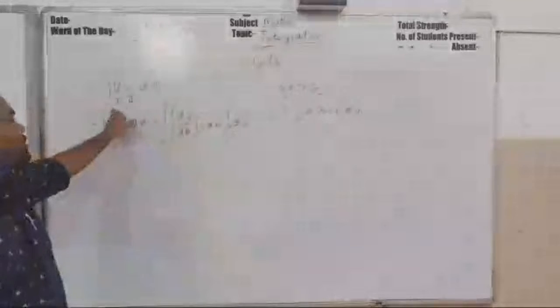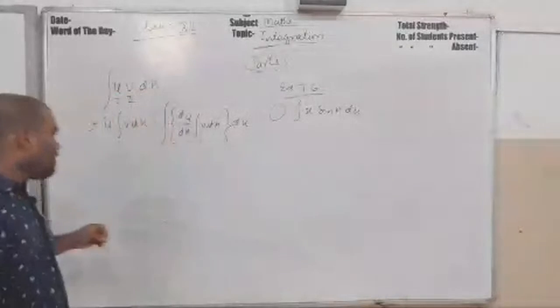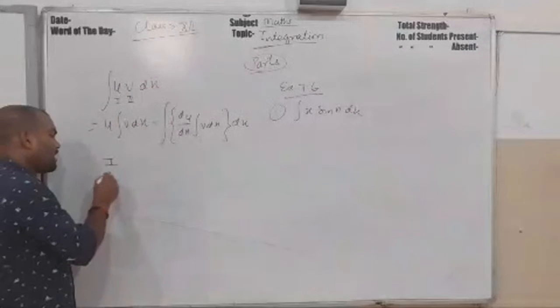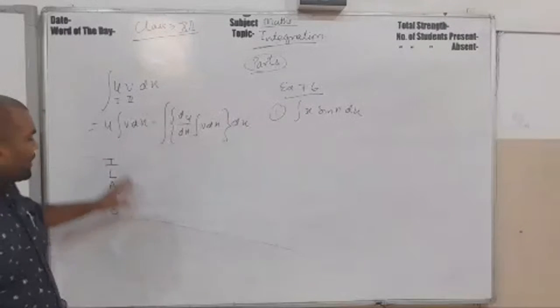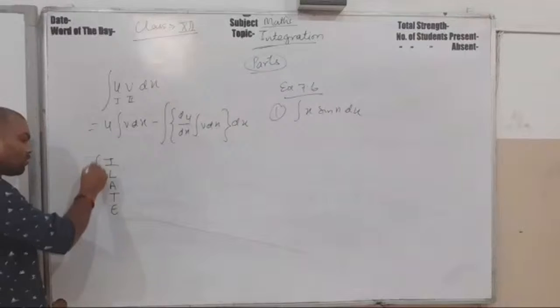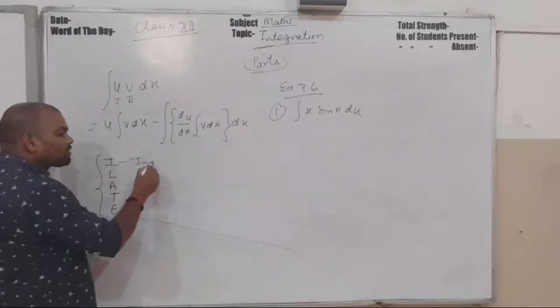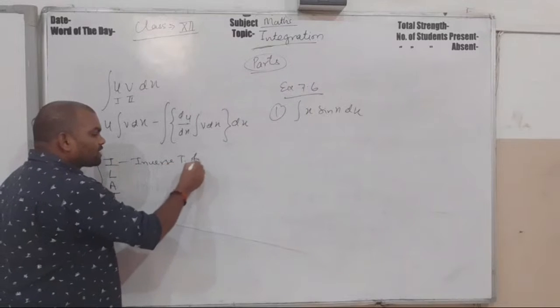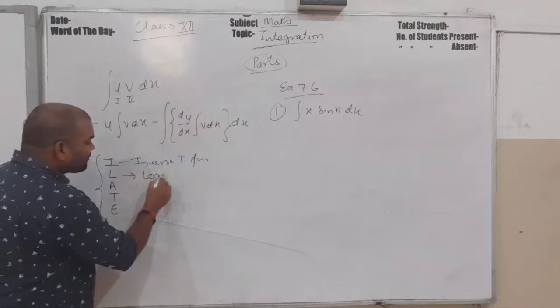In some problems, we can choose out of the two functions. To choose which function as the first function, for that, ILATE. I have told this. We can choose the first function according to this order. I, that is the inverse trigonometric functions. L, that is logarithmic function.